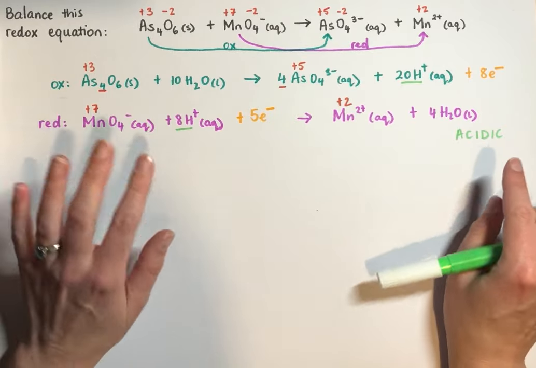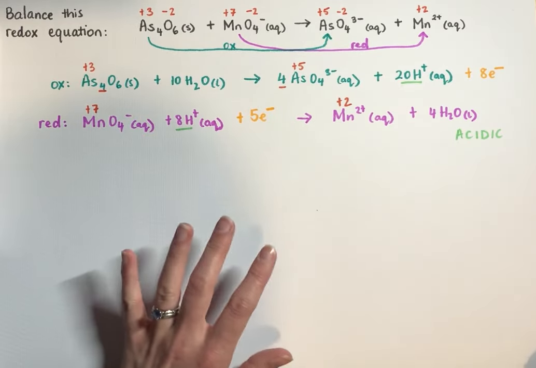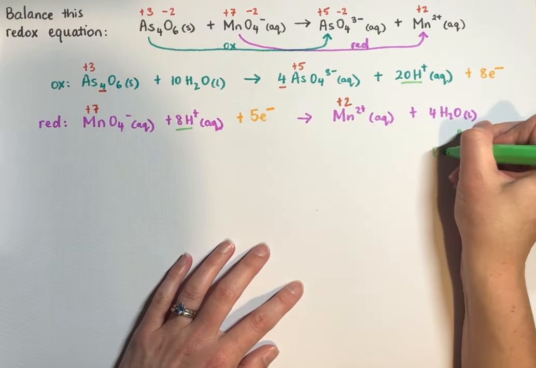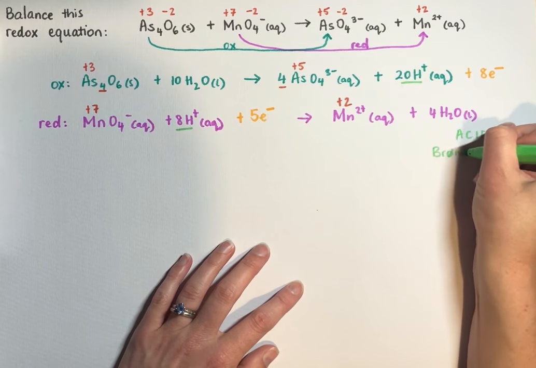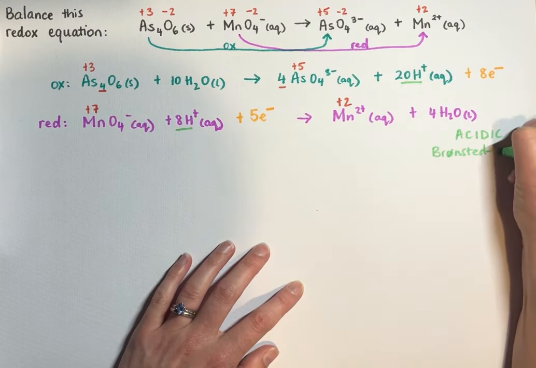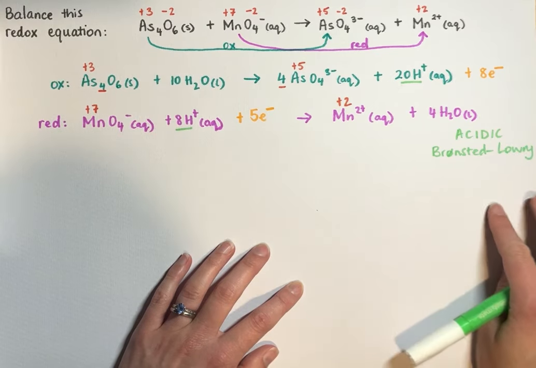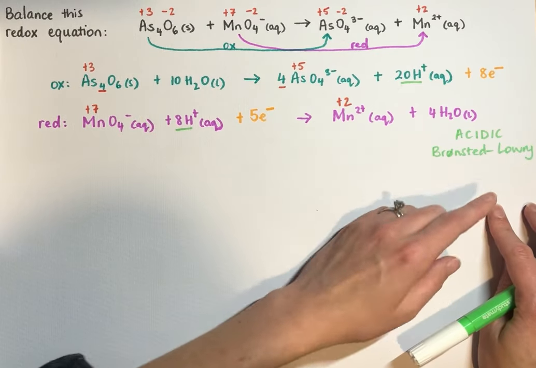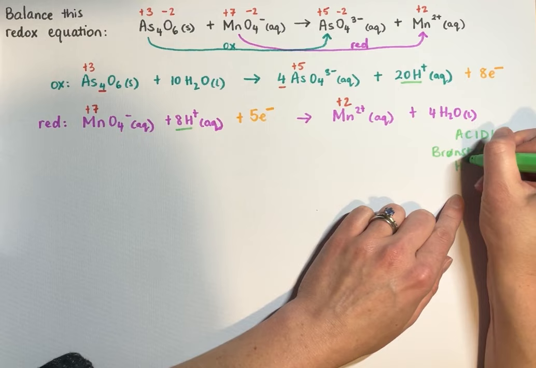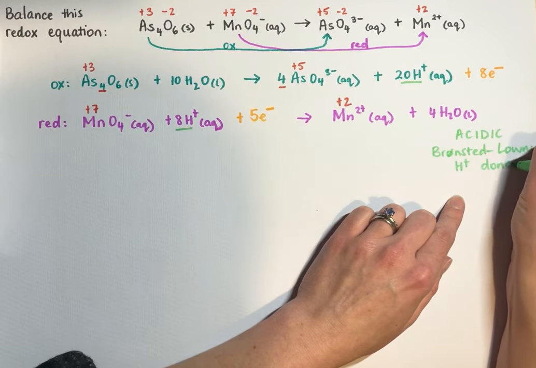So the environment we put them in is acidic, because hopefully you remember your Bronsted-Lowry definition of acids and bases is that acids are hydrogen donors.